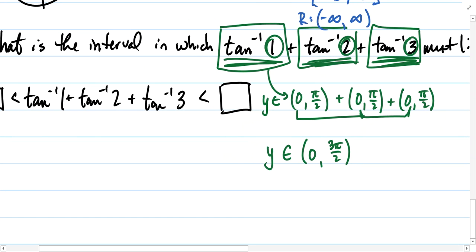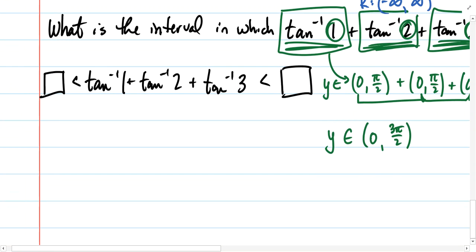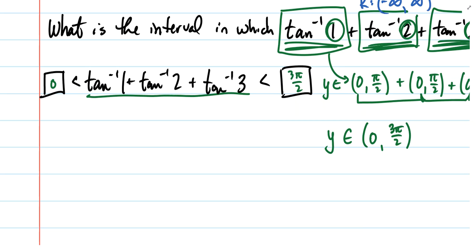That's our way of saying we don't know exactly where these solutions are right now, but those solutions have to exist somewhere between 0 and 3 pi over 2 when you add all three of them together. And I just punched that into MathXL, and I did like that as an answer.